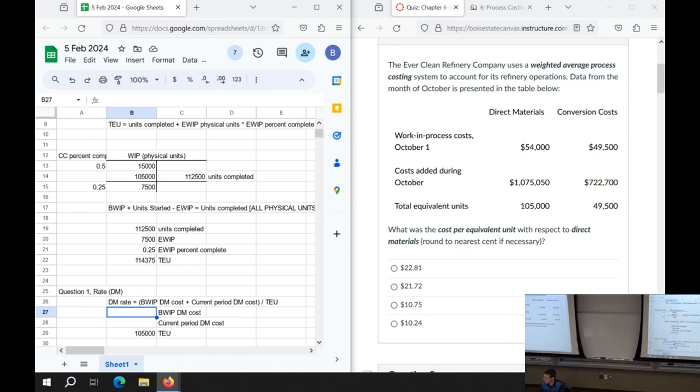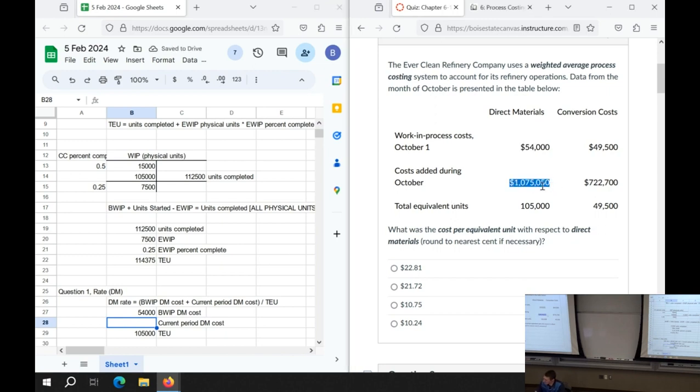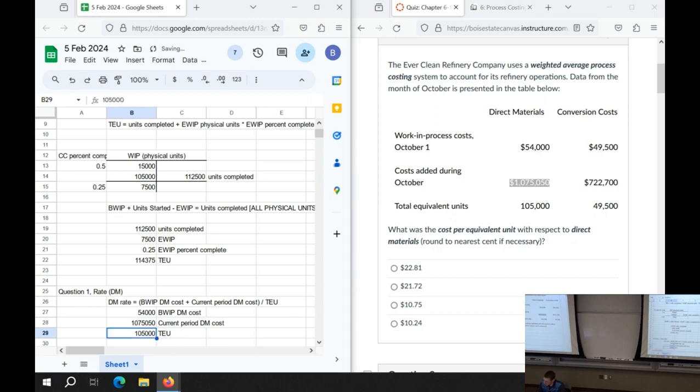We've got beginning WIP, which is the first day. Our work in process costs with respect to direct materials here are $54,000. During the period, we added an additional $1,075,050 in cost.